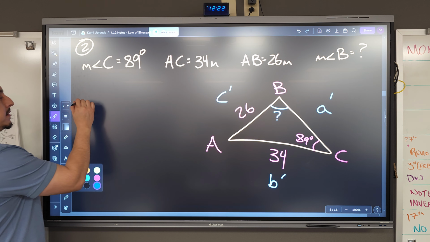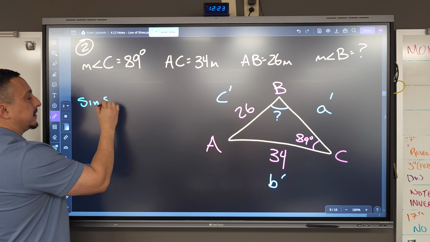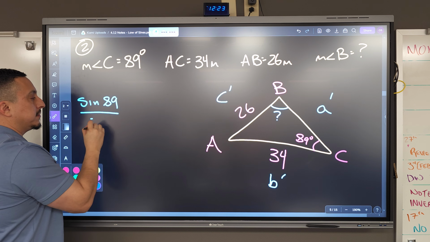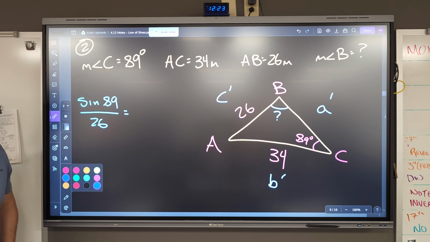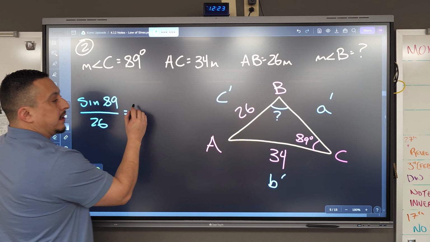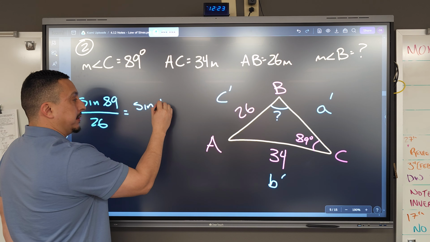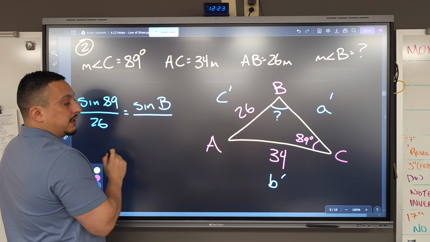C. Okay, so sine of 89 over 26. And then what's our second fraction? B, because that's what we're looking for. Okay, so sine of, I don't know what B is, over 34.